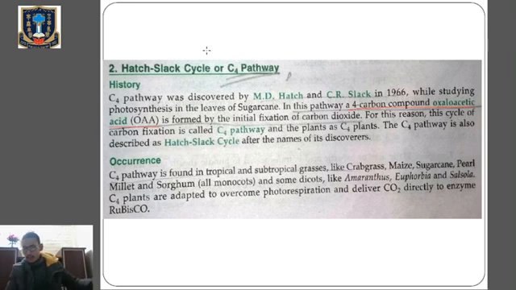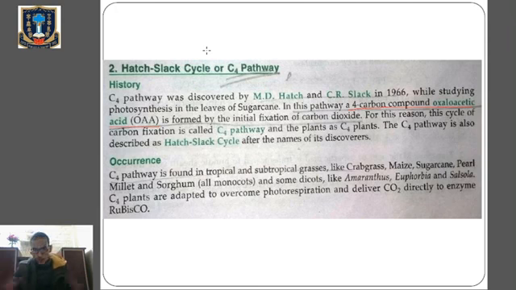If you remember, in the C3 pathway we have phosphoglyceric acid, a 3-carbon acid, and hence the pathway is known as the C3 pathway or C3 cycle. In the C4 pathway, the product is a 4-carbon compound called oxaloacetic acid, which is formed by the initial fixation of carbon dioxide. So the pathway is known as the C4 pathway, and also called the Hatch-Slack cycle after the name of its discoverers.